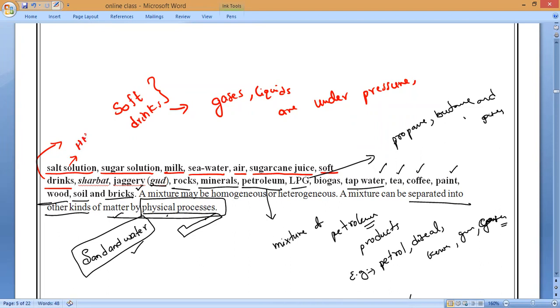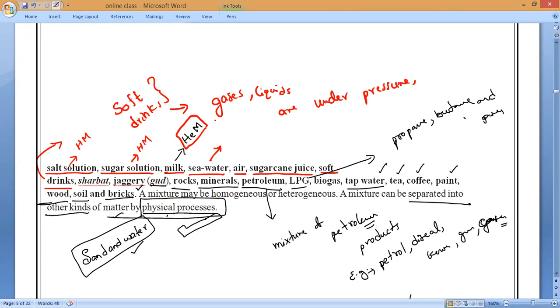I will say HM for homogeneous. Sugar solution, HM. Now, is milk homogeneous or heterogeneous? Heterogeneous, because fats, proteins and water are not uniform. Fats are in different positions, and that is why it is not uniform distribution. It is a heterogeneous mixture.